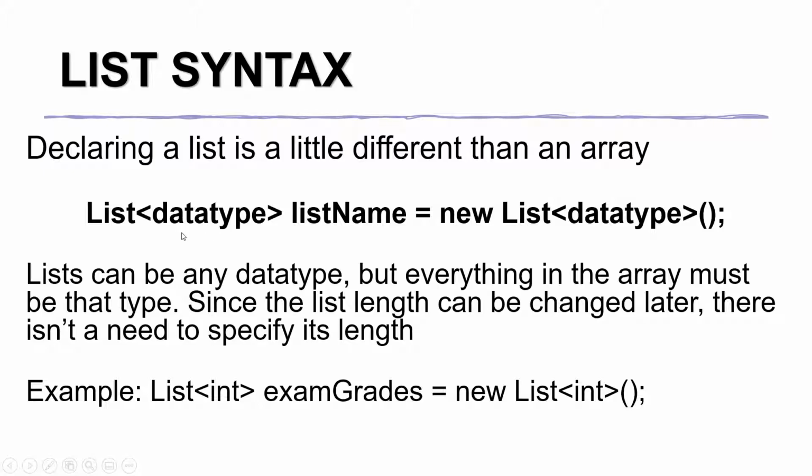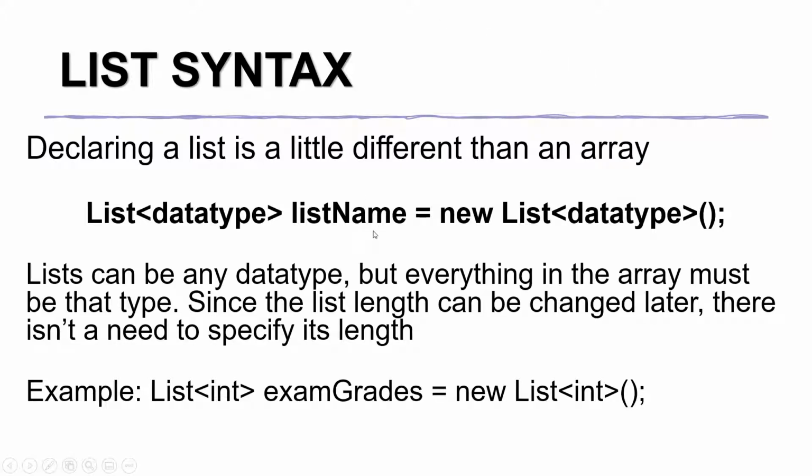It's kind of in a weird way flip-flopped, where for arrays we write the data type and then we have our square brackets to indicate it's an array. For lists, we write the word List and then in these triangle brackets put what the data type is.